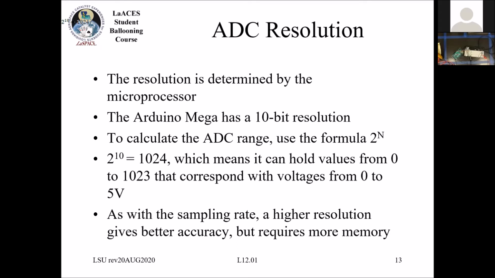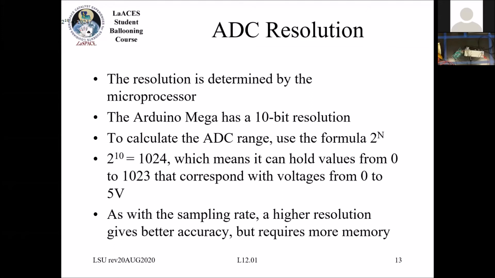So you take the entire 0 to 5 volt span and you divide it up into 1,024 different pieces. And each one of those individual voltages that you've divided up will give you a single binary number.